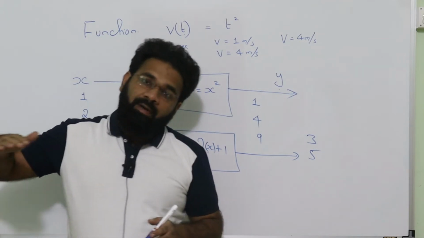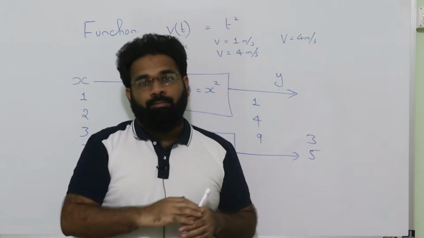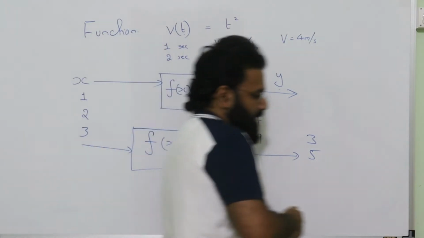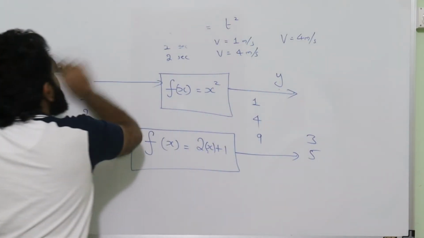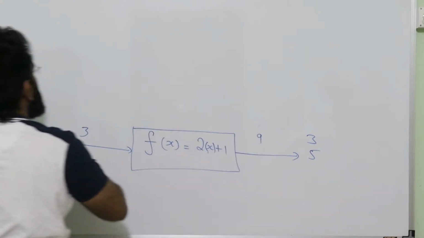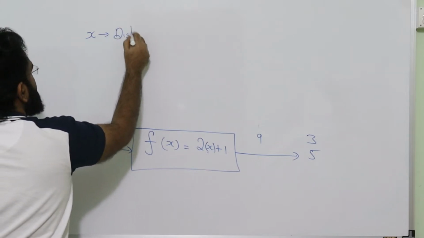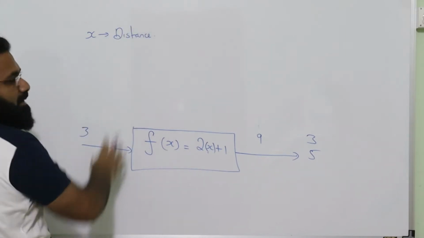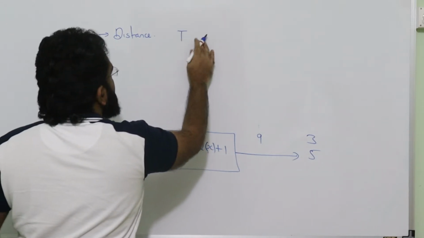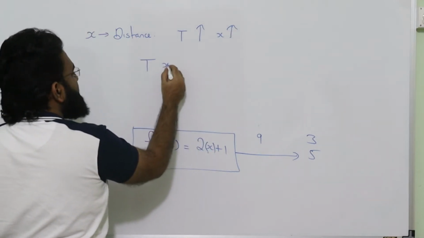Suppose we are traveling and we came to know that temperature is increasing with the distance. If we assume that x is a distance, then if temperature increases with the distance, we can say temperature is a function of distance.